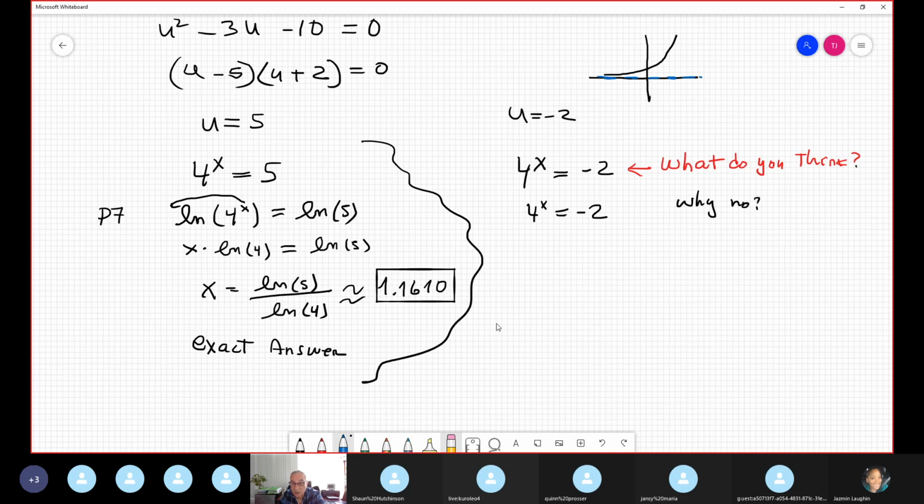Regardless what base, 4 or 2 or whatever, in this case 4 is growth exponential, it's increasing, no? And -2, it's like that. The line y equals -2. This exponential function and this line never intersect.